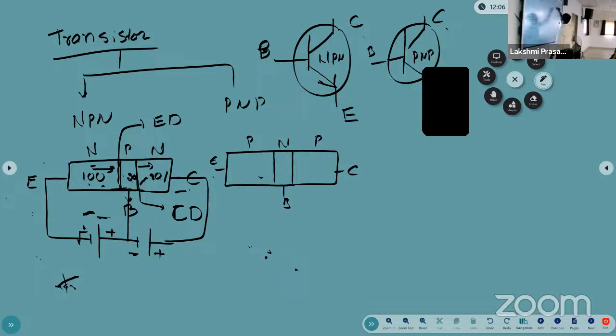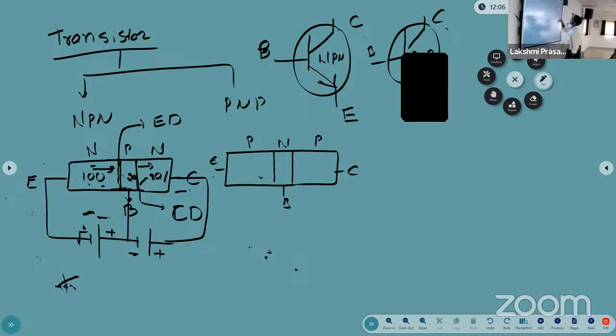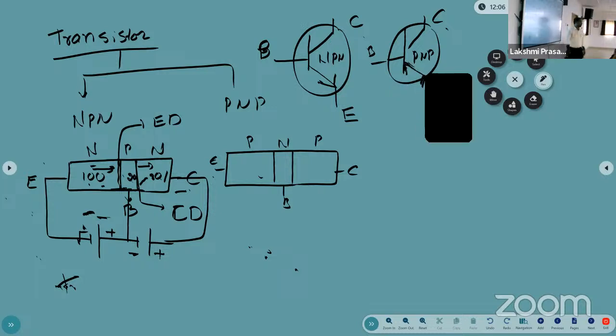On the emitter terminal, you can show the current direction, because the emitter only is giving the current in the transistor. Due to the emitter terminal, the current is flowing through the diode because of the forward bias. Okay. That is the symbol of NPN and PNP transistor. NPN transistor and PNP transistor.